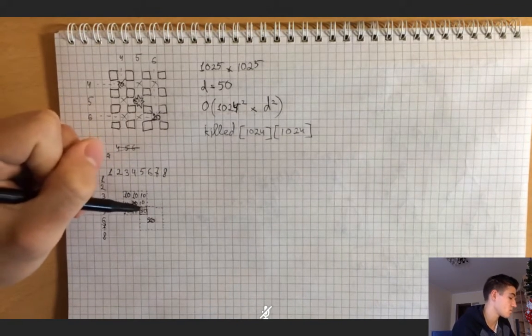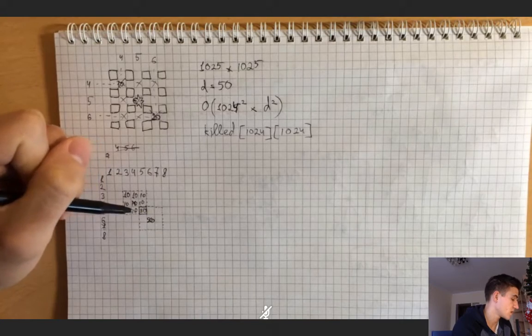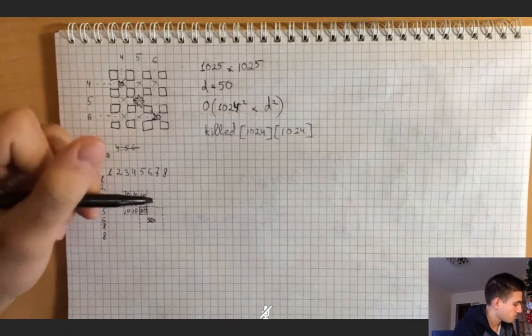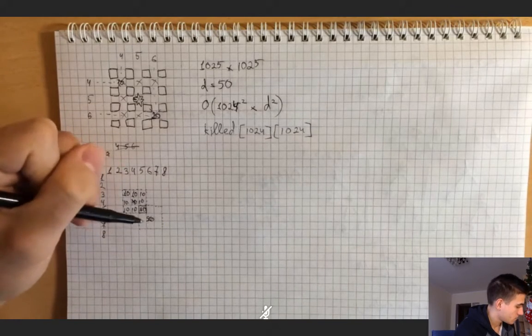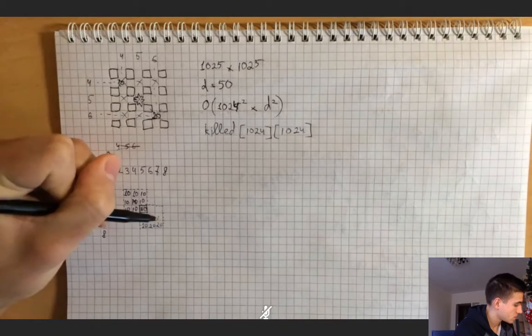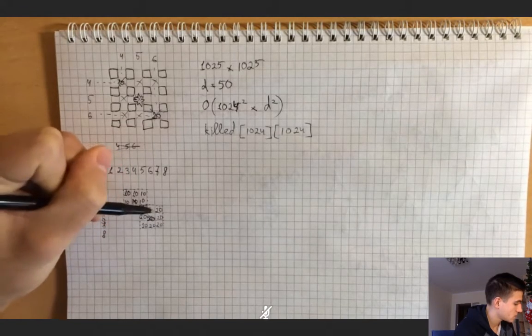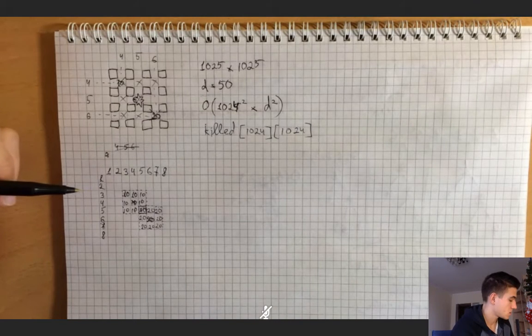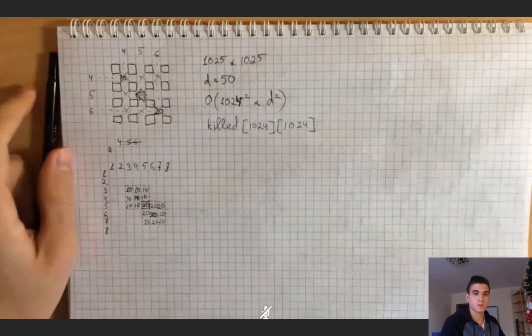A bomb placed here would kill this guy and this guy. And we got 20, 20, 20, 20, 20, 20, 20. So this seems reasonable, and let's try to implement this in code.